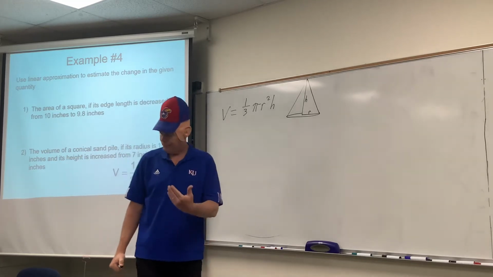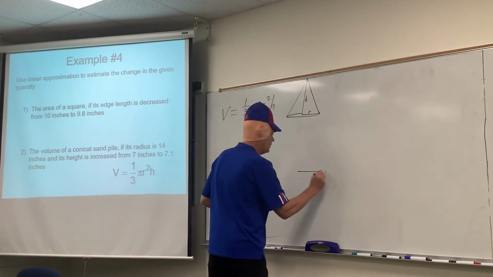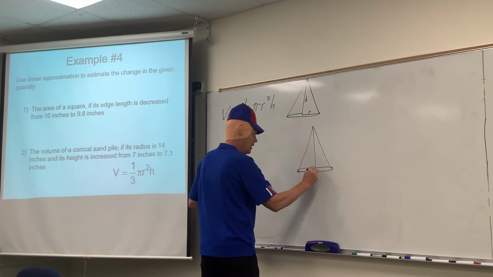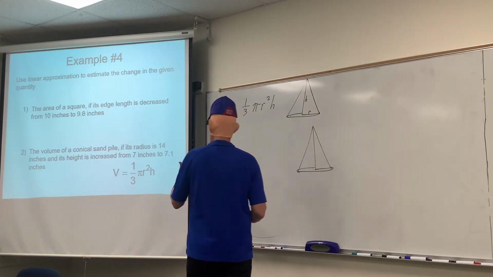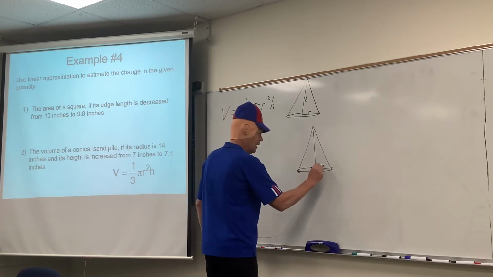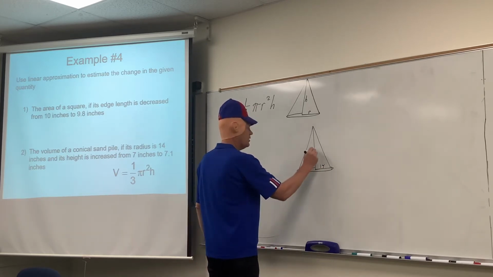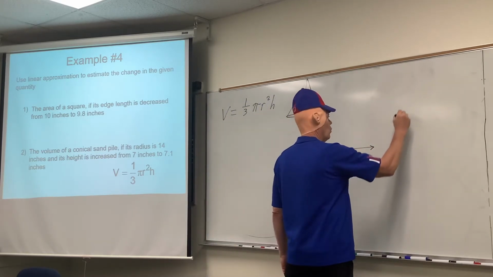All right, now, that would be in general. But if you look at the question, it mentions that we have a conical sand pile, and it says that the radius is 14 inches, and that the height increases from 7 in the first cone to 7.1.